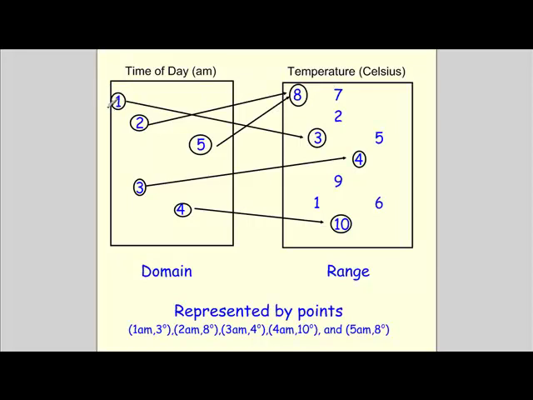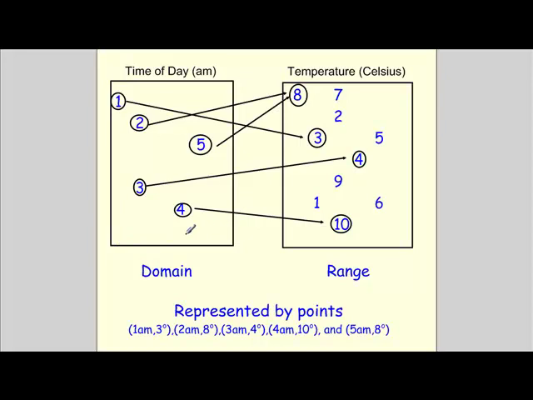So for instance, this function maps 1 AM to 3 degrees Celsius. Basically at 1 AM it's 3 degrees Celsius. It tells us that at 2 AM it's 8 degrees Celsius, 3 AM it's 4 degrees Celsius, 4 AM 10 degrees Celsius, and at 5 AM it's 8 degrees Celsius.